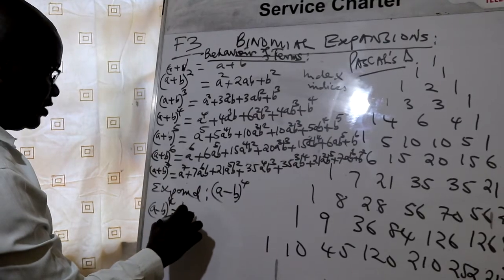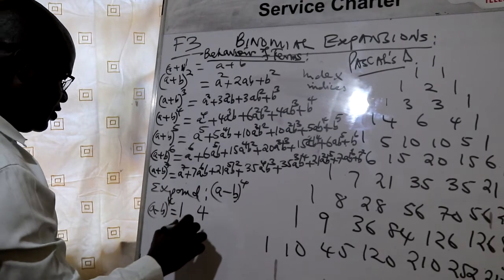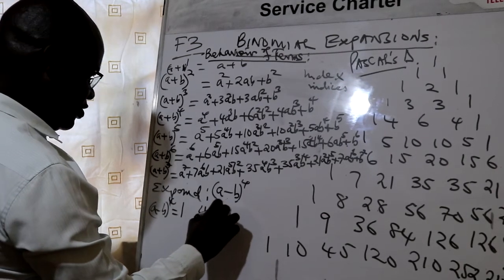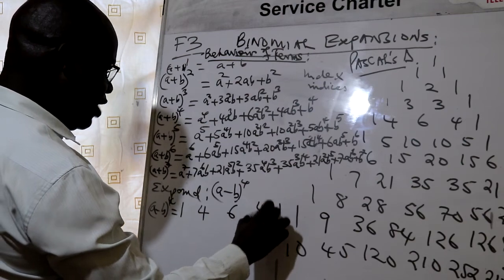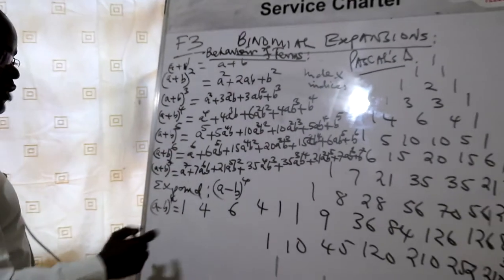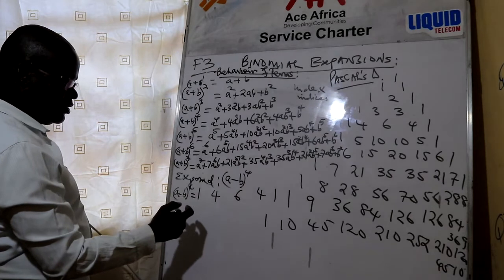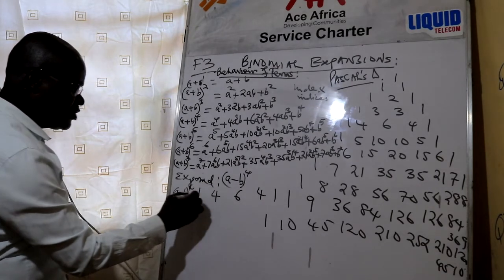It is 1, 4, 6, 4, then 1. Those are the coefficients. Then the behavior of terms now.